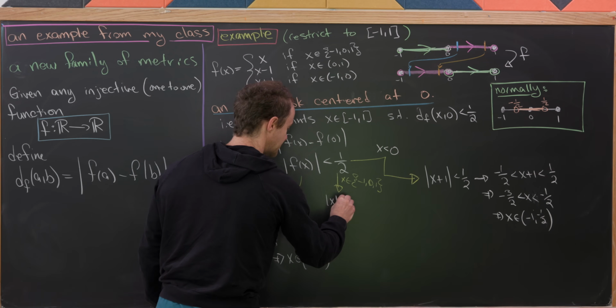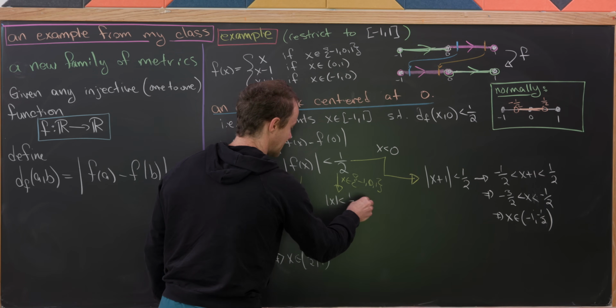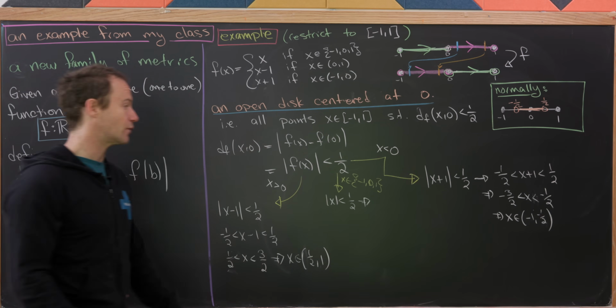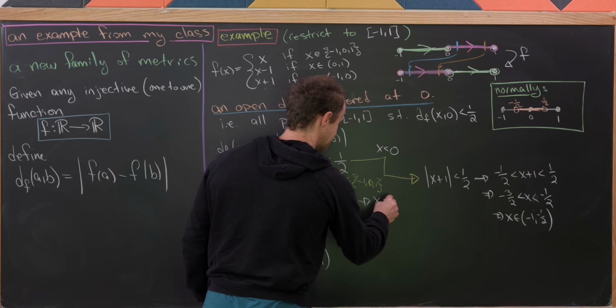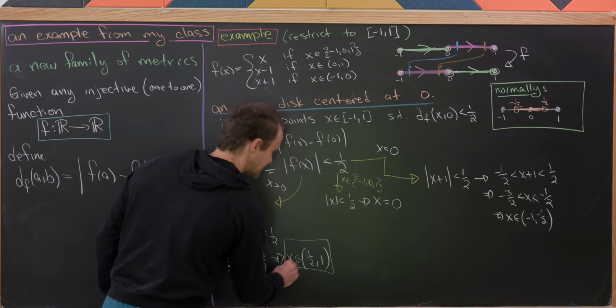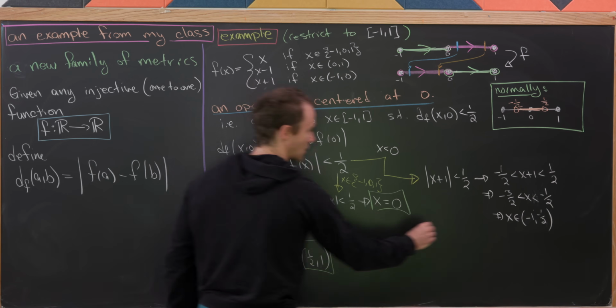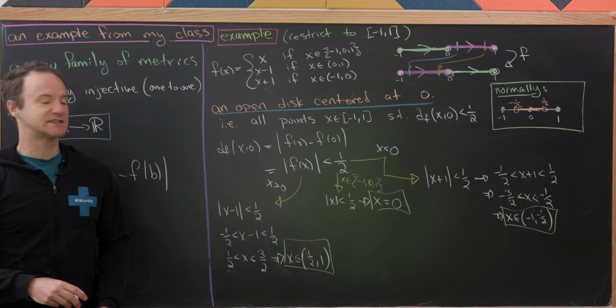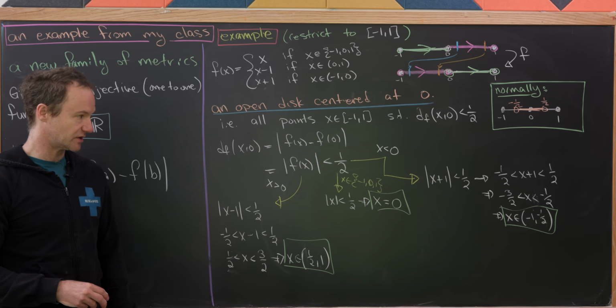So we have the absolute value of x is less than 1/2, but among these 3 points, there's only one that satisfies that, so that is x equals 0. Okay, so let's put some boxes around these. So these are all the possibilities of points that are distance 1/2 from the origin.